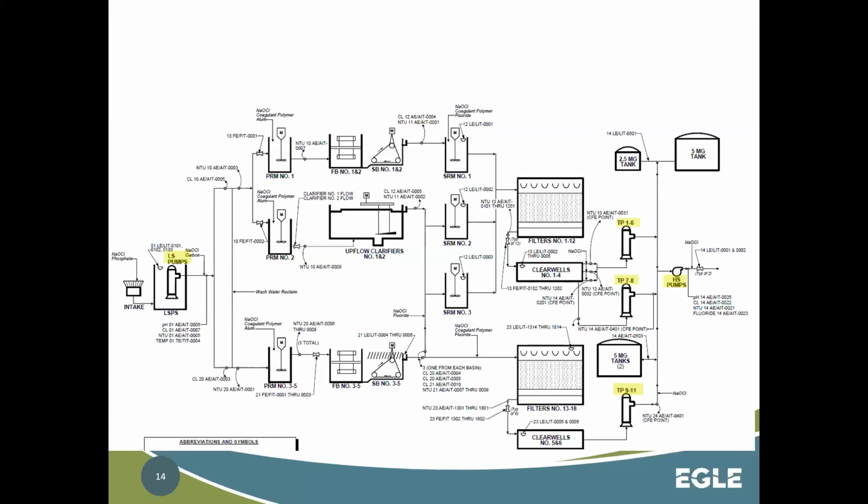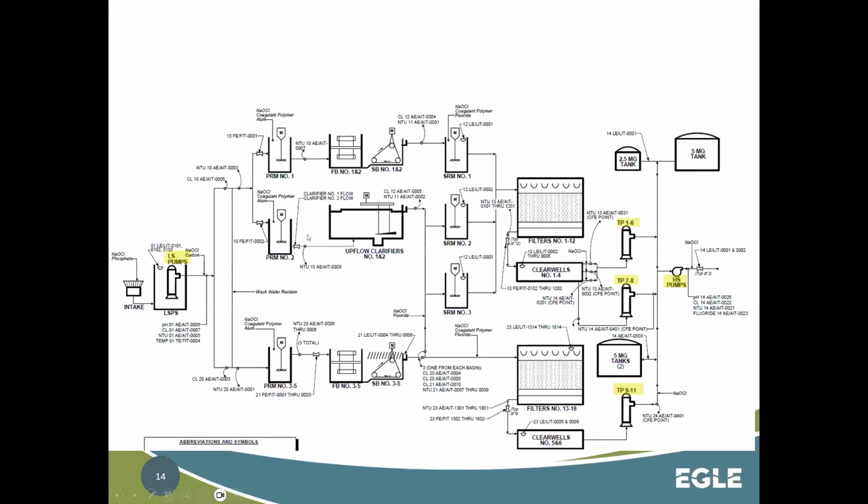So raw water, low service pump station, right? That's what's pulling our raw water up to the head of the plant. So we go from our low service, now we're coming up to the head of the plant. This particular plant looks like it has 3 trains of treatment, right? So we go into these 3 trains, which could be the rapid mix and maybe a lime softening.